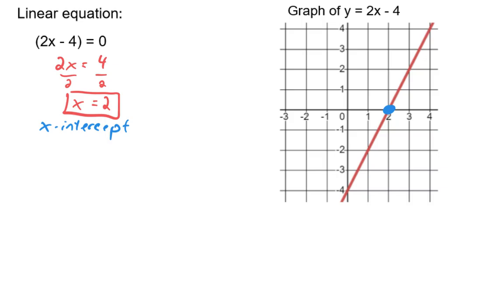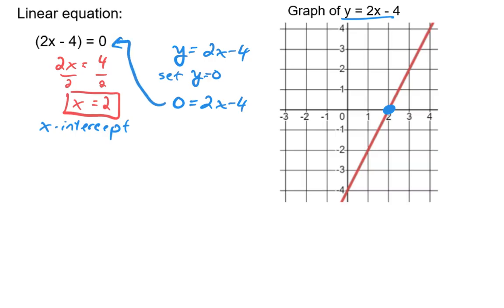And this kind of makes sense to us because we can imagine taking this equation here, y equals 2x minus 4. And remember how we found x-intercepts. We found x-intercepts by setting y equal to 0. So if we set y equal to 0, we get 0 equals 2x minus 4, again, which is the equation that we just solved up here.